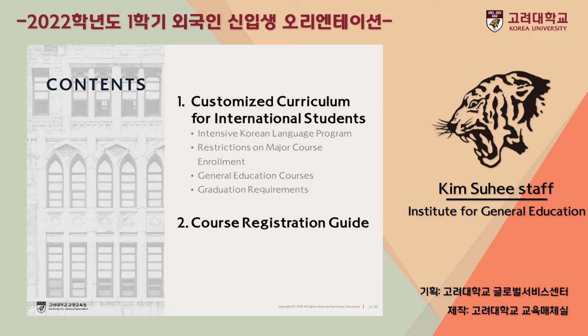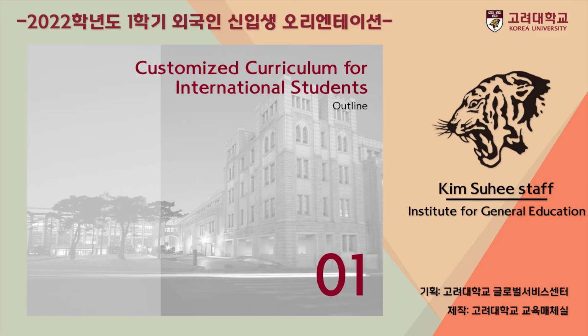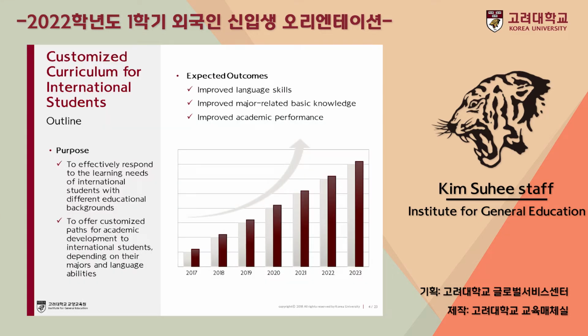Today, I'm going to explain Customized Curriculum for International Students, the Guide for International Students Spring 2022, and the Course Registration Guide. The ultimate goal of the customized curriculum for international students is to improve language skills, major-related basic knowledge, and academic performance of international students.